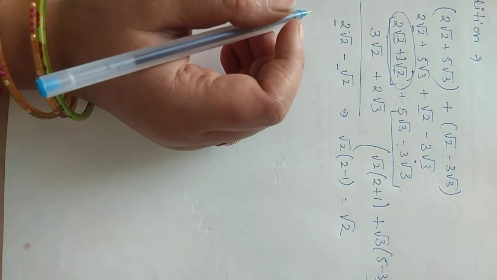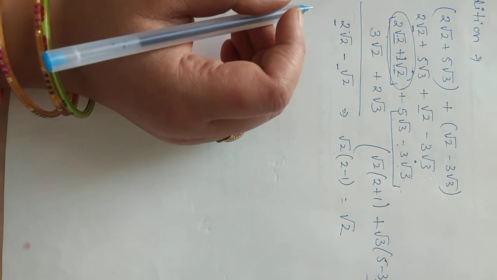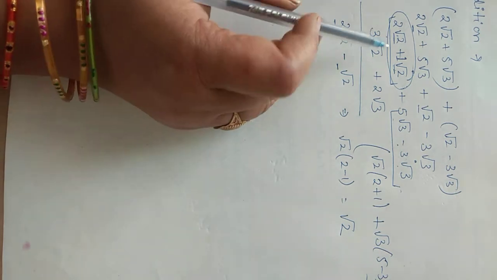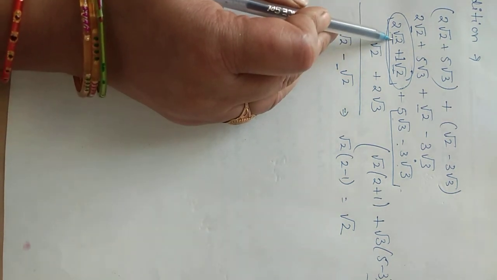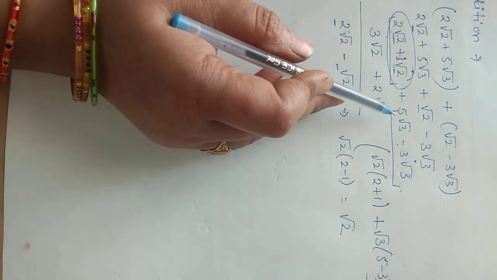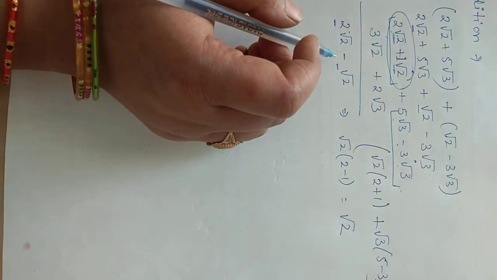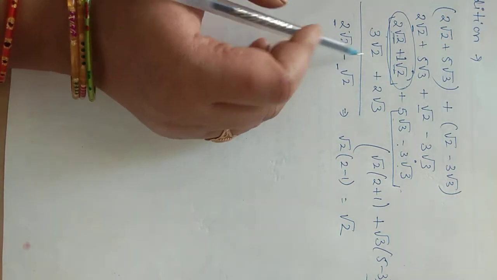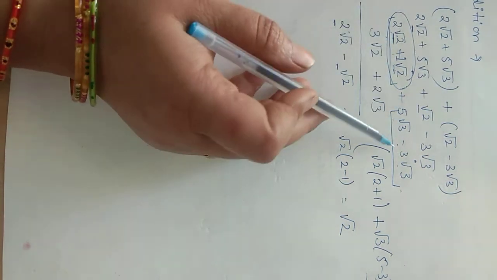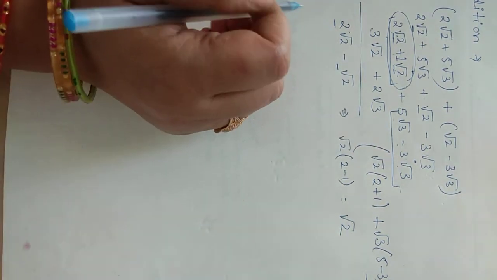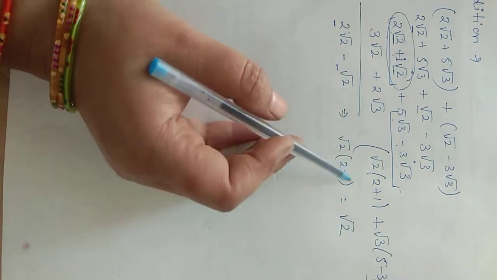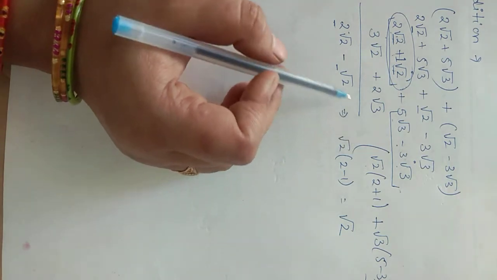So in addition and subtraction, you will take like terms. You can also consider root 2 as a variable and root 3 as another variable. You can solve it as you do in algebra. If you assume these two as x and these two as y, then it is also easier for you to solve. Or you can take it as common and solve it.